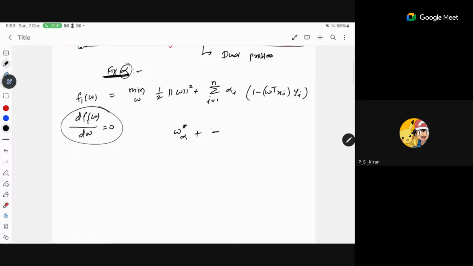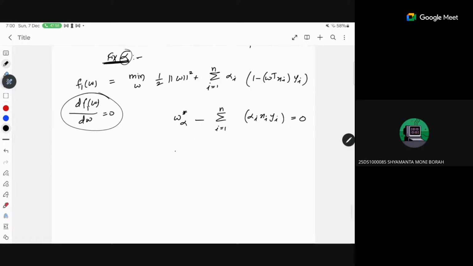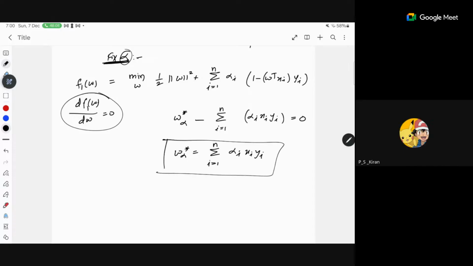Minus summation over i equal to 1 to n of alpha i into minus xi yi, and that is equal to 0. So can I say it is minus, and then W alpha star is equal to summation of i equal to 1 to n alpha i xi yi. Is that okay? Yes, sir. This is what we are getting.